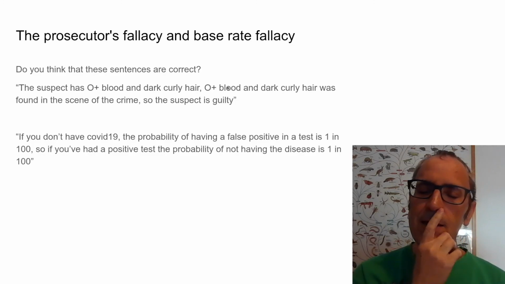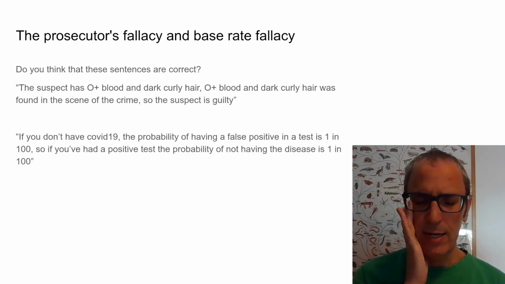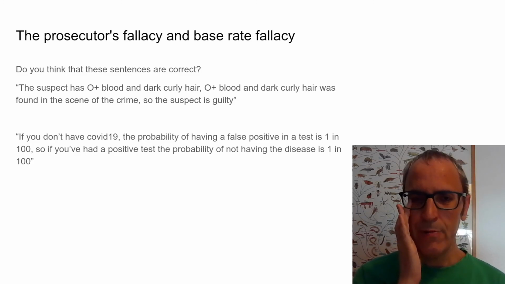And related to that, there's a very important idea that is not related to linkage disequilibrium directly, but it's very important in science in general, and I recommend you read about it. It's called the prosecutor's fallacy or the base rate fallacy.